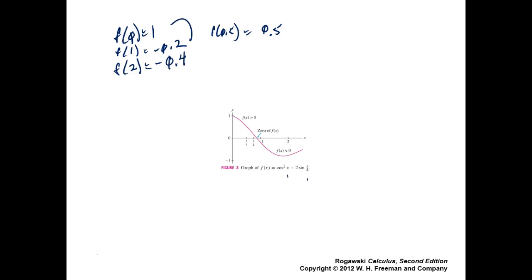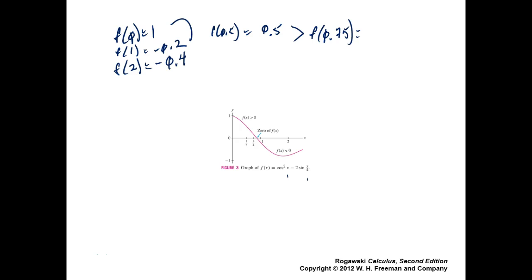Our 0, we don't guarantee there's one between 0 and 0.5, but we are guaranteed there's one between 0.5 and 1. Well, what's the value between 0.5 and 1? Let's go a little higher: 0.75, or 3/4. Plug that in and see what you get.